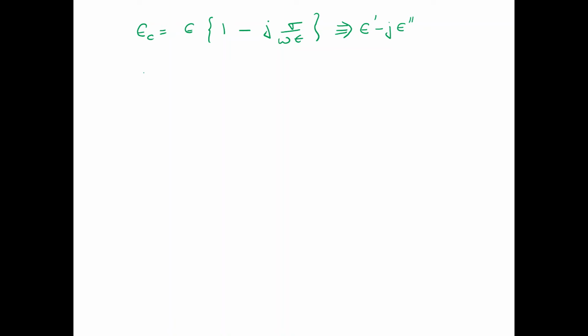So in a conductor, I will have loss and a propagating term. Why do I have loss? I have the imaginary part of epsilon present, and then there will be some propagation to it too.